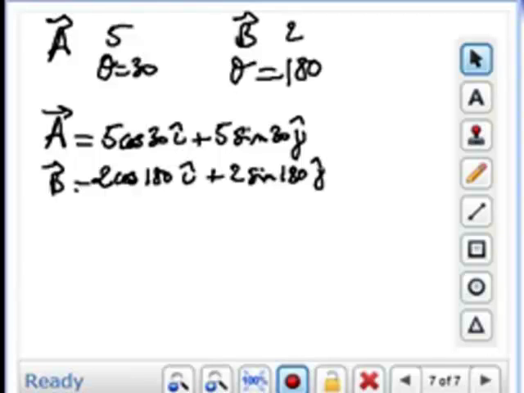Now, I know my basic trig. I would suggest you memorize those also. Make sure you know the sine and the cosine of 0. Make sure you know the sine and the cosine of 30 degrees, of 45 degrees, and 60 degrees, as well as 90. I have those 5 angles memorized, because once you know those 5, then you can deduce easily the sine or the cosine of, say, 135.